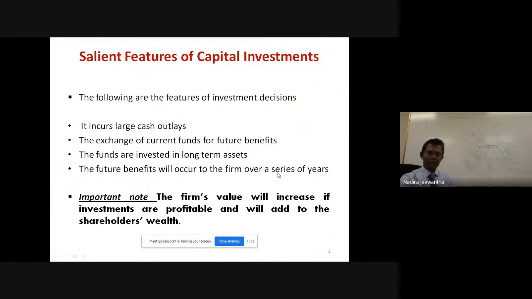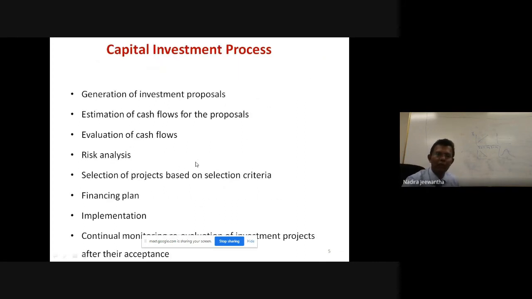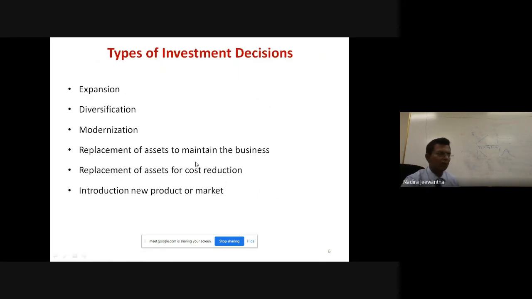So the purchasing of a vehicle, purchasing of a machine for a particular company is a project. It gives cash flows over the period of time. You purchase it today, there is a cash outflow, and over the period of time you get income, plus expenses as well.